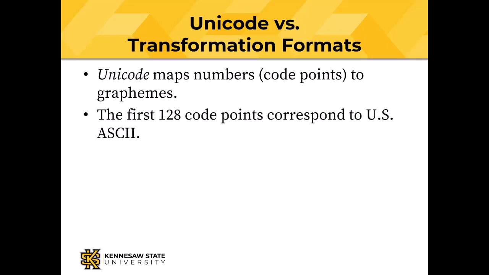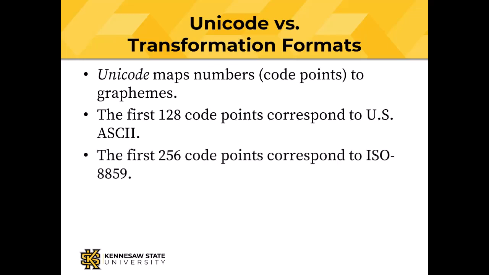The first 128 code points of Unicode correspond exactly to US ASCII. The great advantage of that is if I have a file of data encoded in US ASCII, it is already magically in Unicode. A whole lot of data that was sitting around in ASCII suddenly became sitting around in Unicode. They went further.